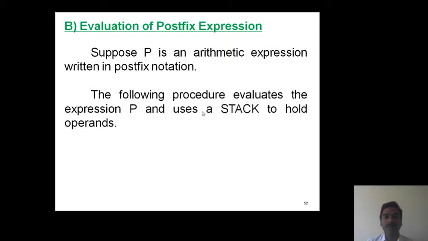Now the following procedure evaluates the expression P, and while evaluating the postfix expression it uses a stack to hold operands. So here the importance of stack is to hold operands.